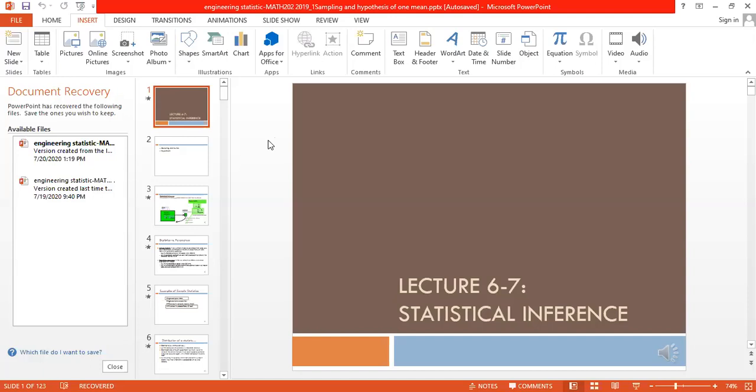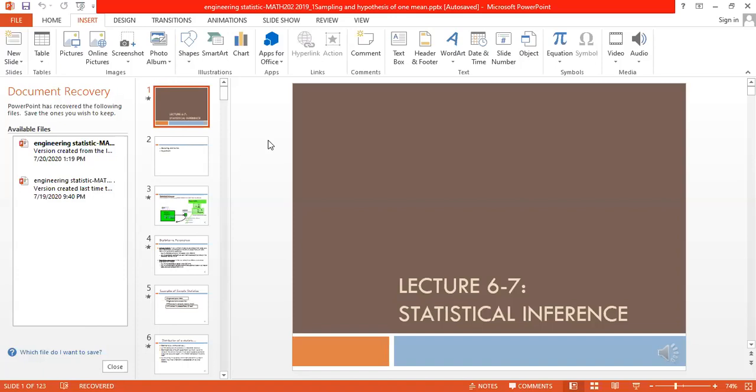Today, we want to move a step further into what we call statistical inference. When we began the course, we said statistics is in two folds. The first fold is descriptive statistics, where we look at data collection methods, data organization and data presentation.